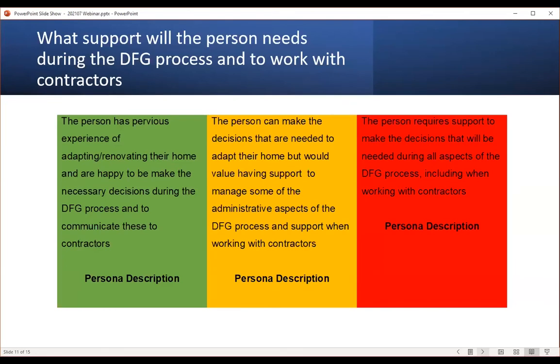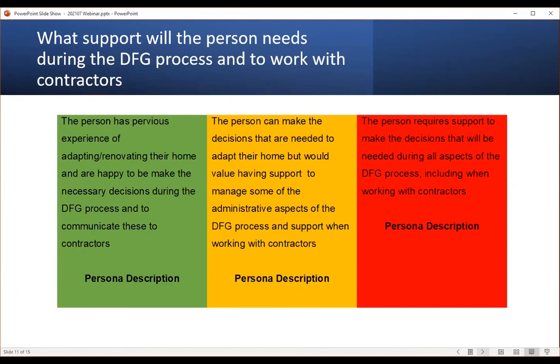So the green flag is somebody who has previously had adaptations or experience renovating their house, and is happy to make those important decisions around the DFG process, and is able to communicate with contractors, if not themselves then through family.